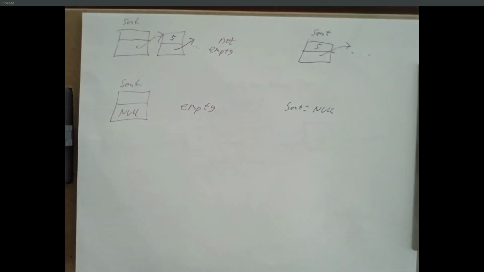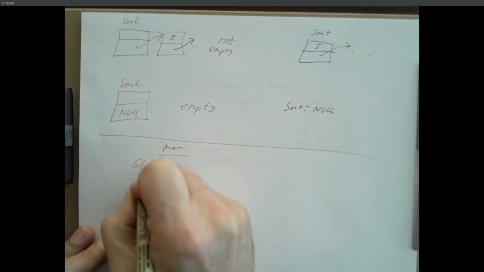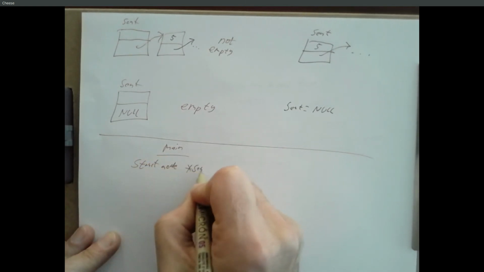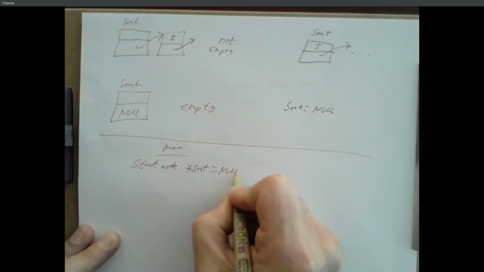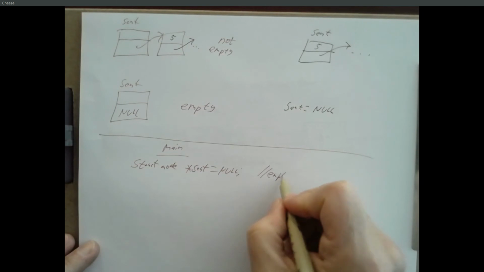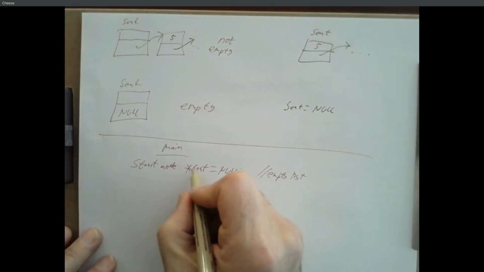Okay, what does this mean in our main program? This is how we create an empty list. And we probably wouldn't call it sent since we don't have a sentinel, so let me call it temp.